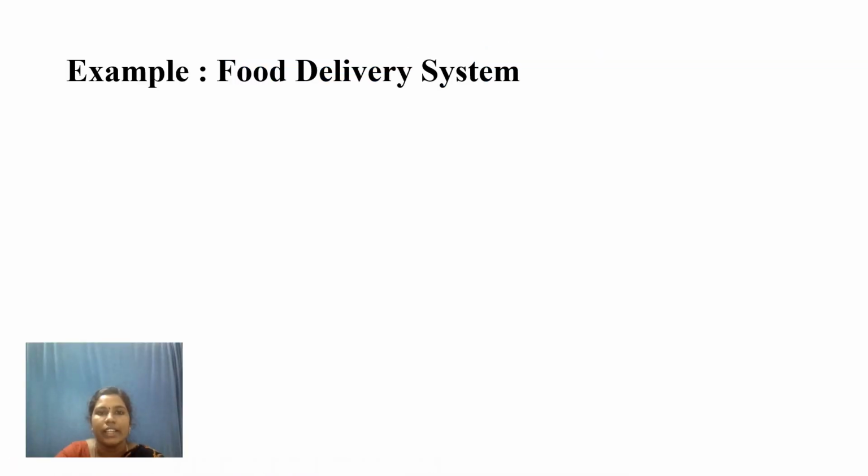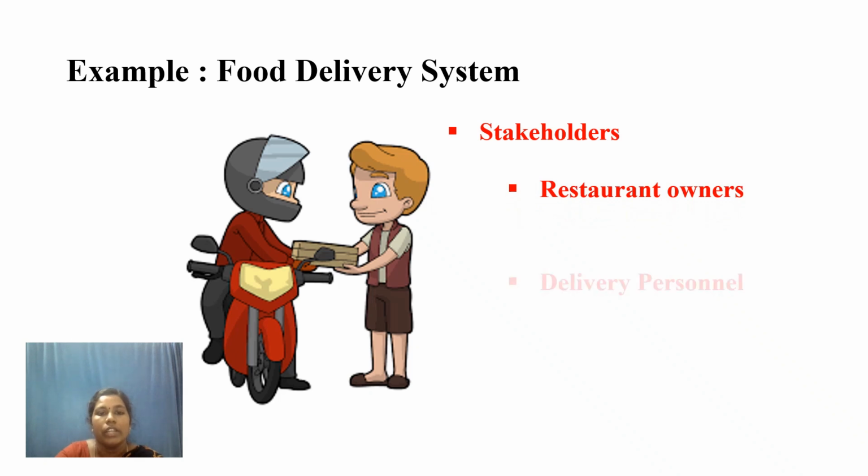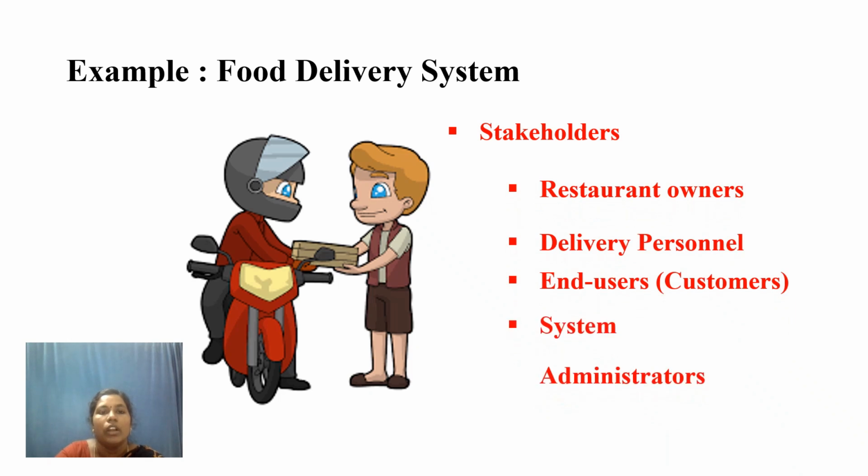Now let's look at an example with our food delivery system. We have several stakeholders. We will collect the requirements from these stakeholders for our food delivery system. Stakeholders are restaurant owners, delivery personnel, customers, and administrators. Restaurant owners need a dashboard to track orders, manage menus, and know when orders are placed.